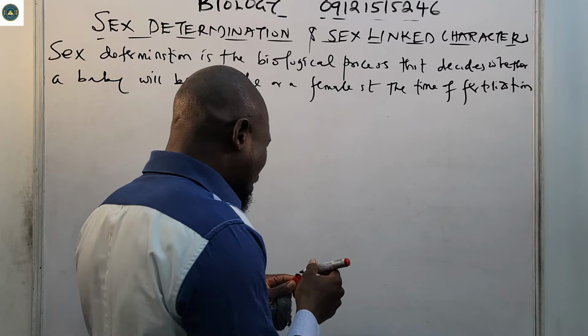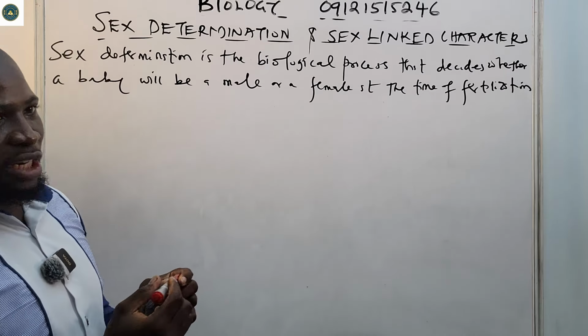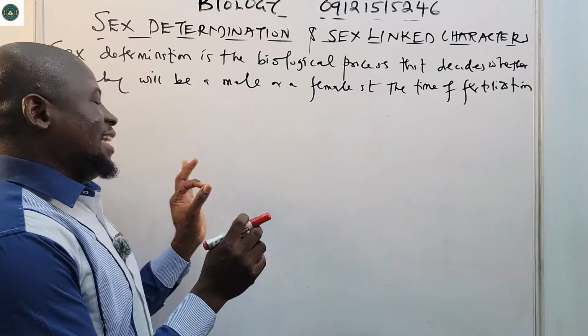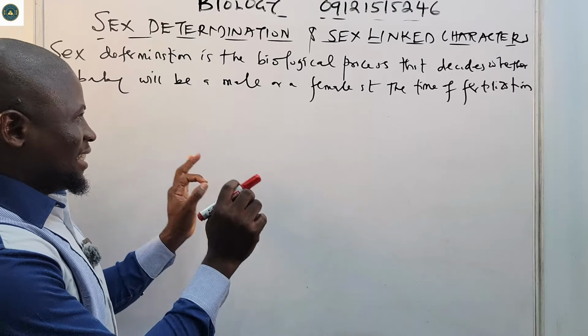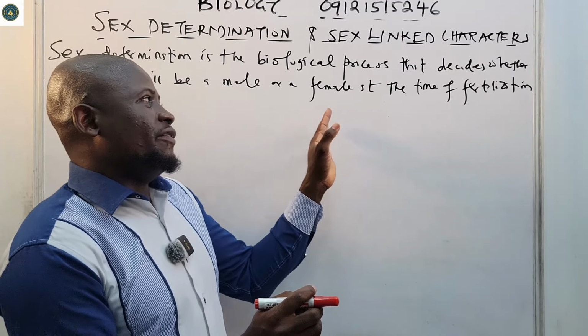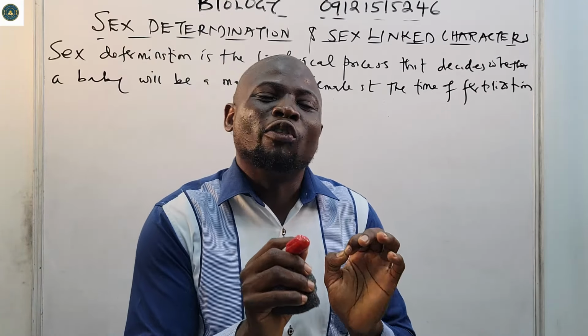So this is what we define as sex determination. It is a biological process that decides whether the sex of a baby, or whether a baby will be a male or a female, at the time of fertilization.